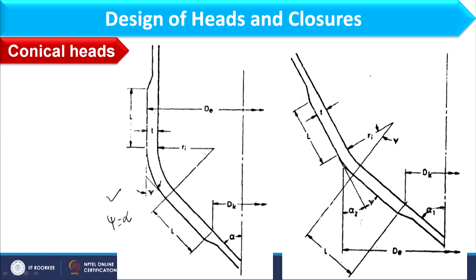So here basically psi as well as alpha, these angles are different. If the conical section is placed in this way, we can have different values of psi and alpha. So psi and alpha may or may not be the same, depending on how the conical section is made. Okay. So that was about the conical section.